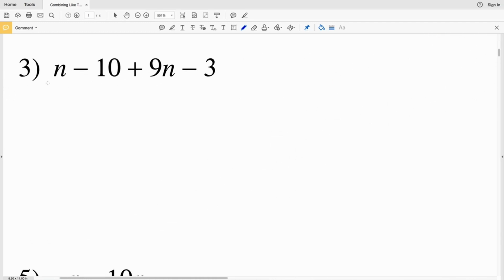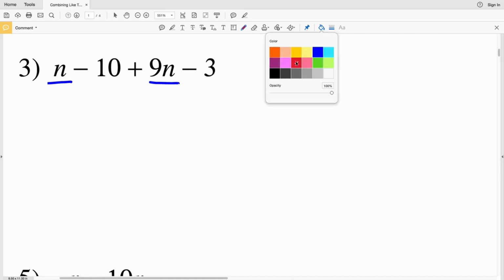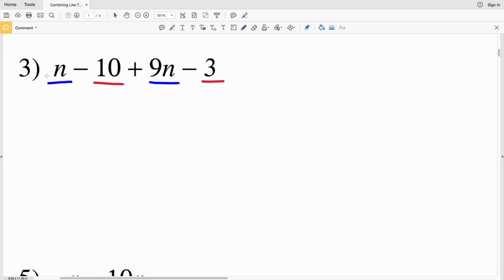In number 3, we have 1n, since 1 times n is n, and we also have 9n. So we can combine these two terms, and we can also combine this 10 with this 3. I'm going to rewrite this all as addition before I start combining the terms. So this is going to be n plus a negative 10 plus 9n plus a negative 3.